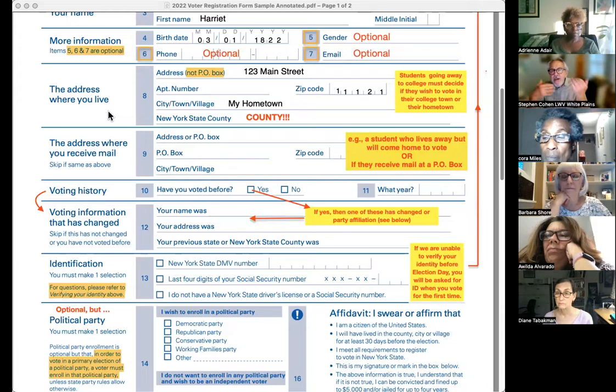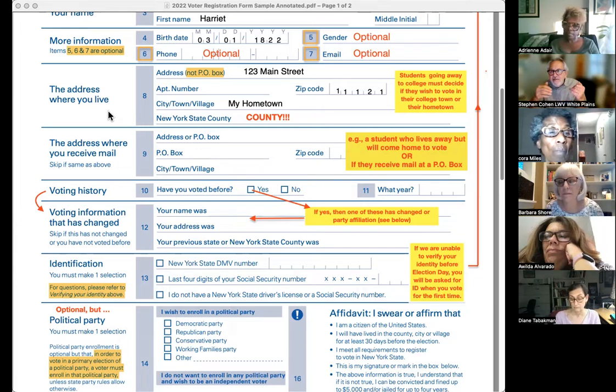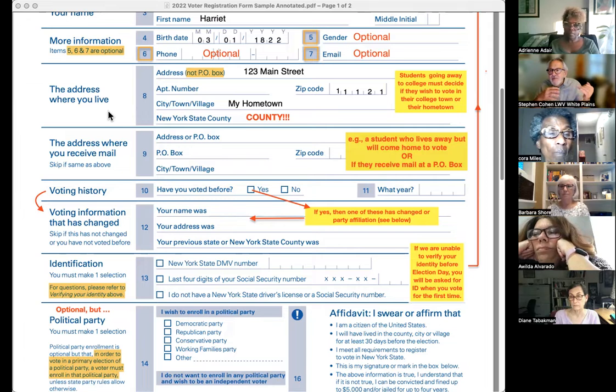So for example, if you're a student and you live in White Plains with your parents, but in the fall you plan to go to school in New Paltz, then the address where you currently live, if it's where you want to vote, is here in White Plains. But if you live in New Paltz and you want the Board of Elections to tell you about elections in a timely manner, you'd say, send me my mail to New Paltz. But they would have to come home to White Plains to vote.